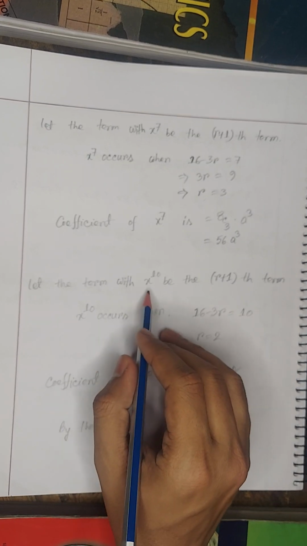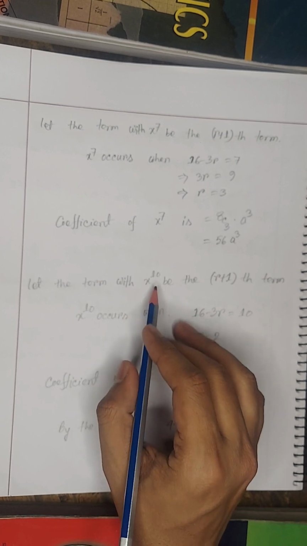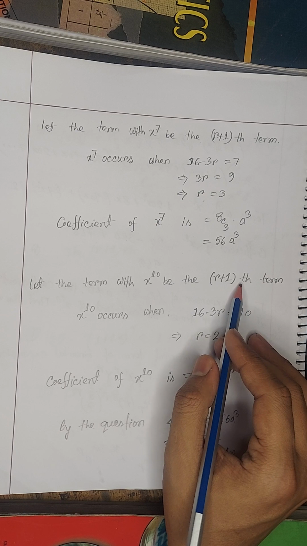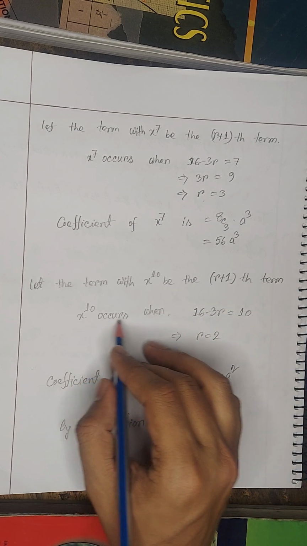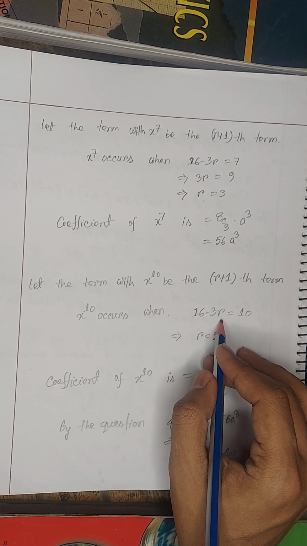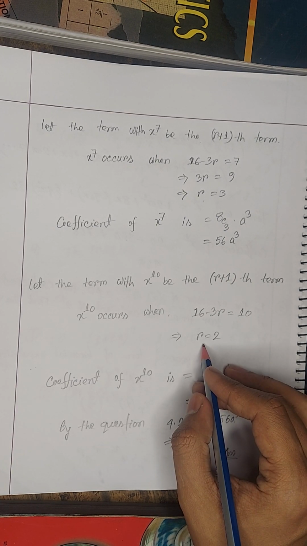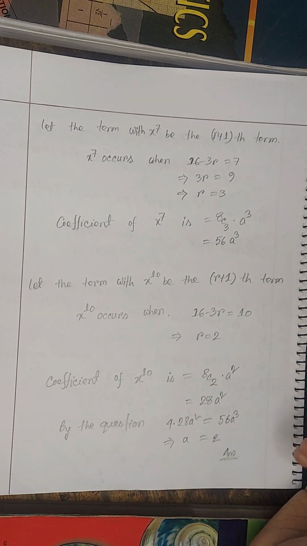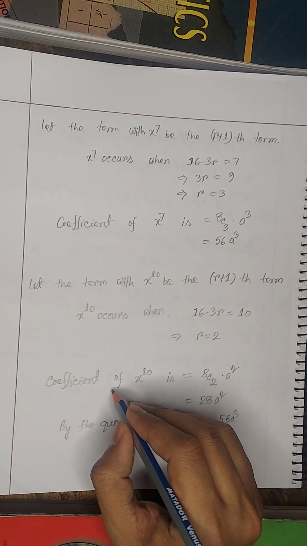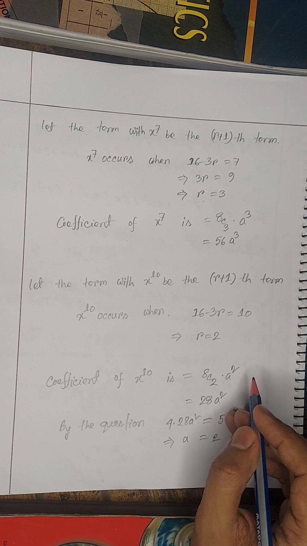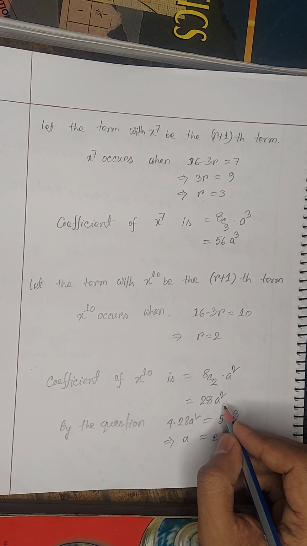And similarly we have to find the coefficient of x to the power 10. For the r plus 1 term, x to the power 10 occurs when 16 minus 3r is equal to 10, which implies r equal to 2, and the coefficient of x to the power 10 is 8C2 a square, right, which is 28 a square.